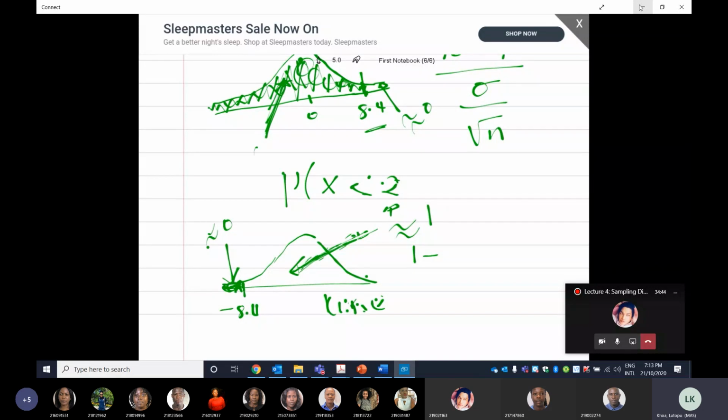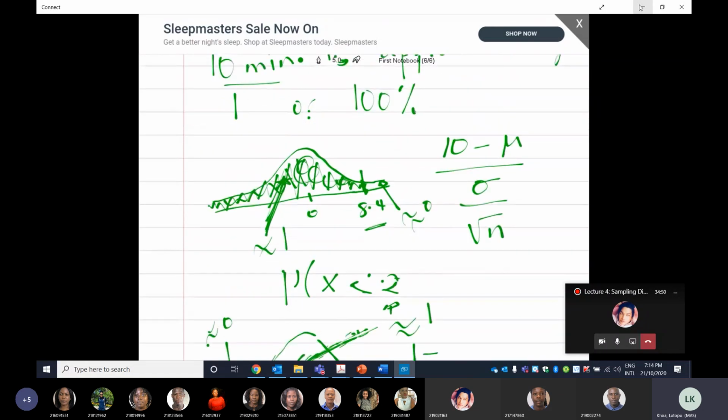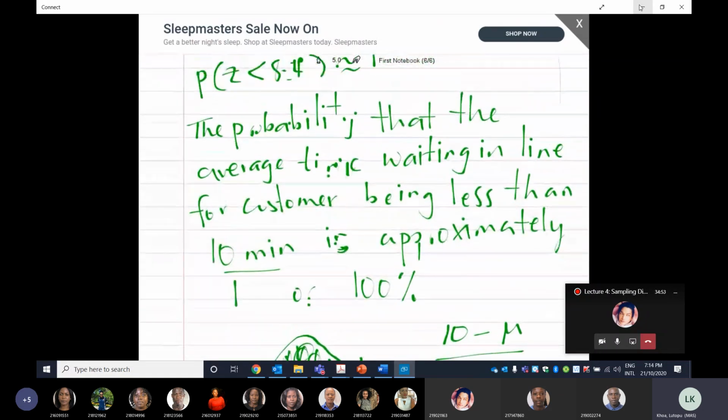This is also approximately equal to 1. So that is why we say that the probability that the average waiting time for customers being less than 10 minutes is approximately 1, or it's 100%. So we can guarantee the customers 100% you will not wait more than 10 minutes. It will be less than 10 minutes.